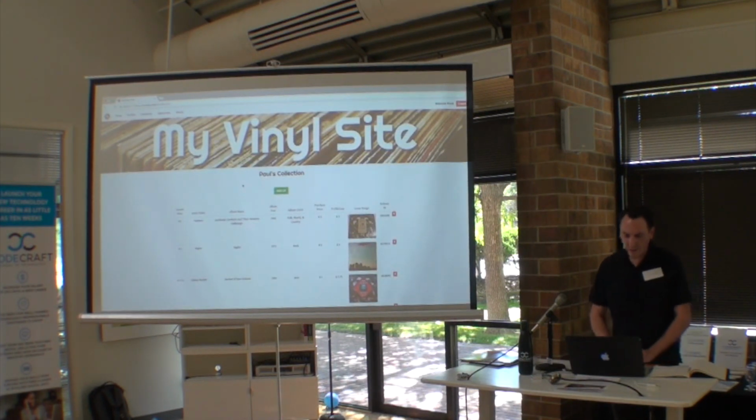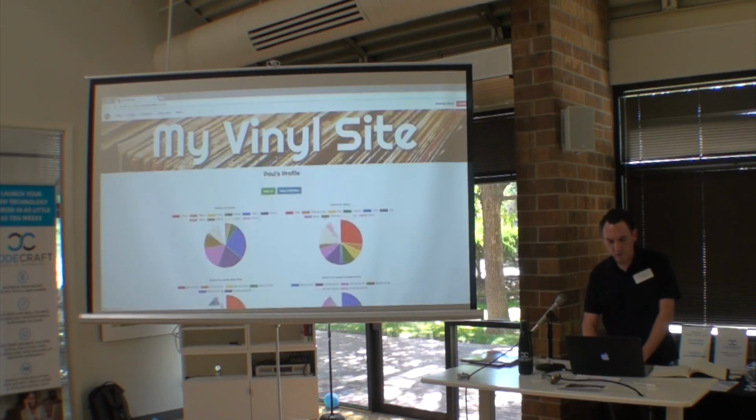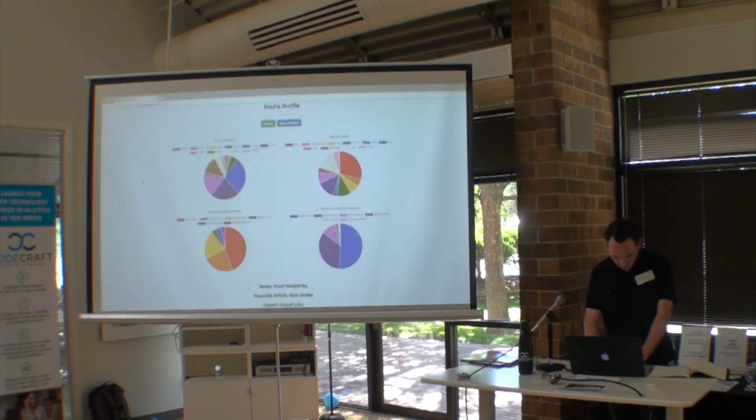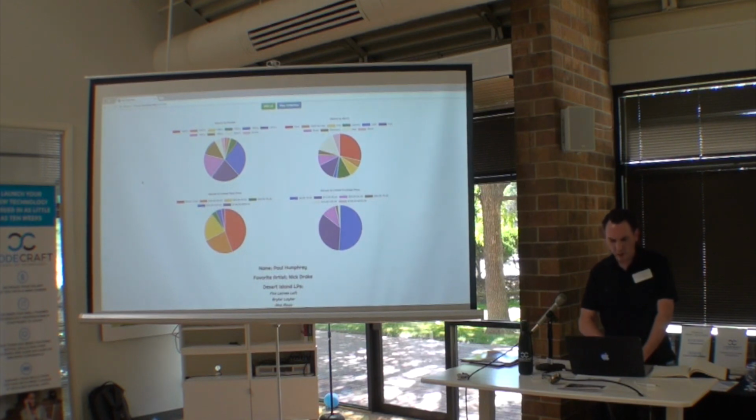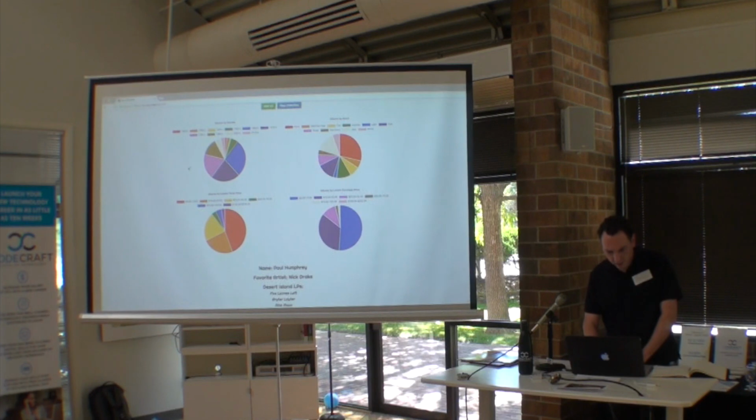Now, let's say that my friend thinks that he has more 60s LPs in his collection than I do. Well, we can go into my profile and look at some metrics here based upon the albums in the collection, and I can say, well, hang on a second.